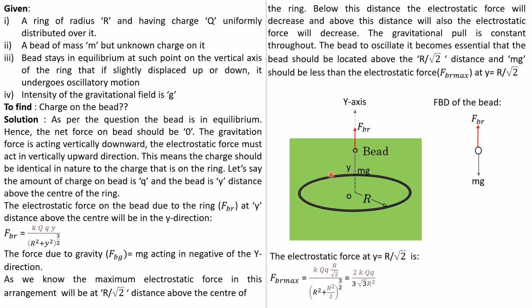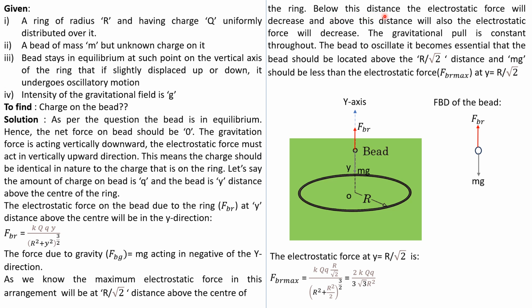Now we know that the maximum electrostatic force in such an arrangement will be at r divided by √2 distance above the center, because the E field intensity is maximum at this distance above the center of the ring.